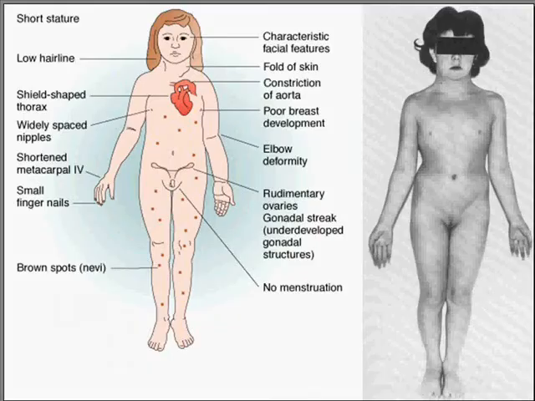And here's a classical Turner syndrome. You can see the webbing of the neck, often edema of the dorsum of the hand, and of course congenital heart defects. No pubic hair. They are all infertile, and they don't have true ovaries. They just have streaks.